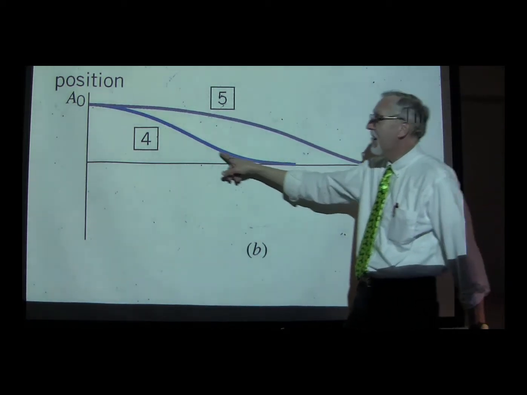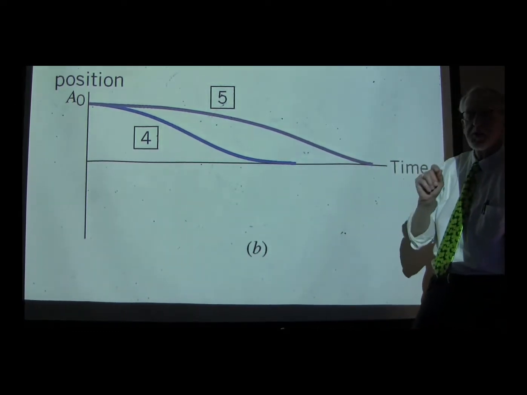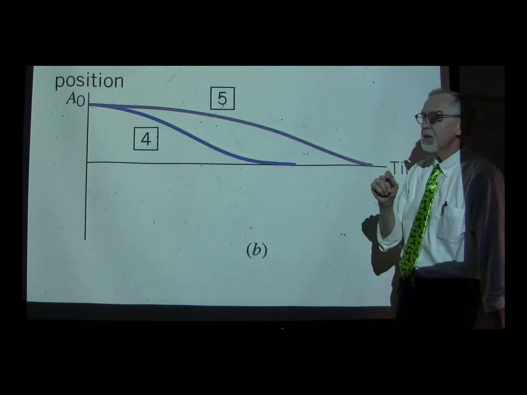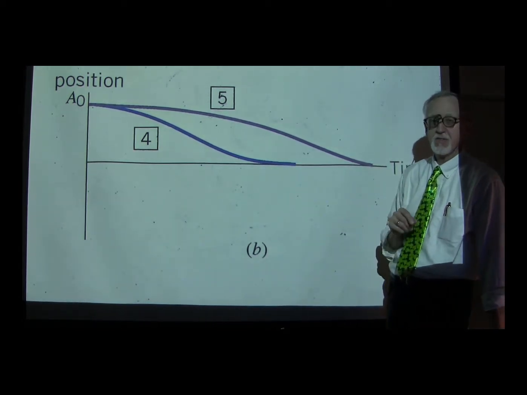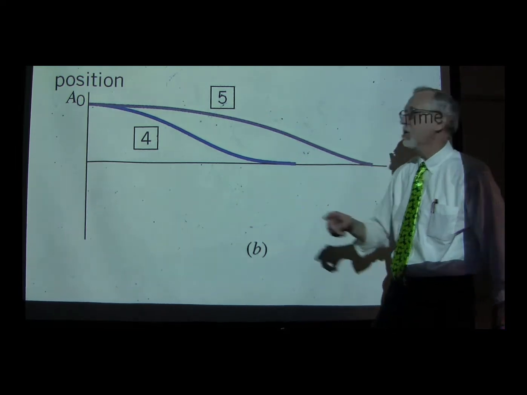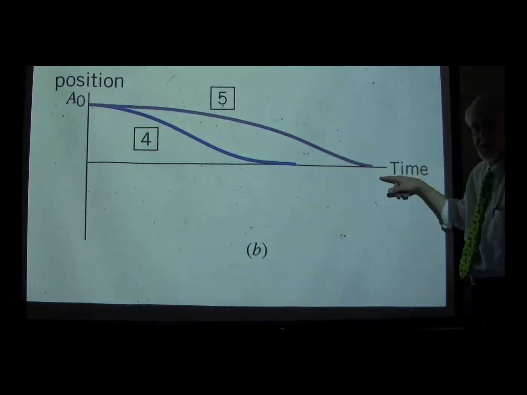Now, number 4, there is a particular amount of damping that will actually bring the oscillator back to equilibrium in the shortest amount of time. If you have too little damping, it oscillates up and down, underdamped.